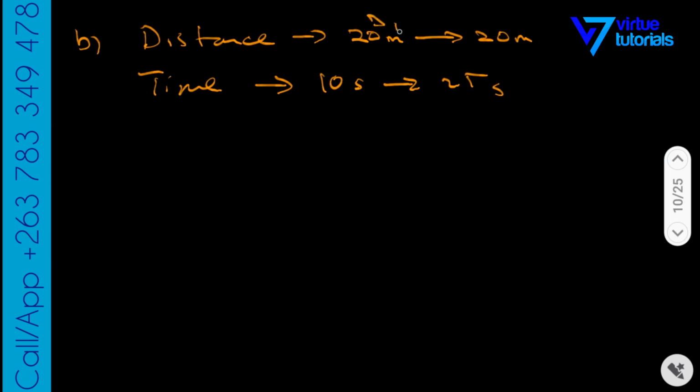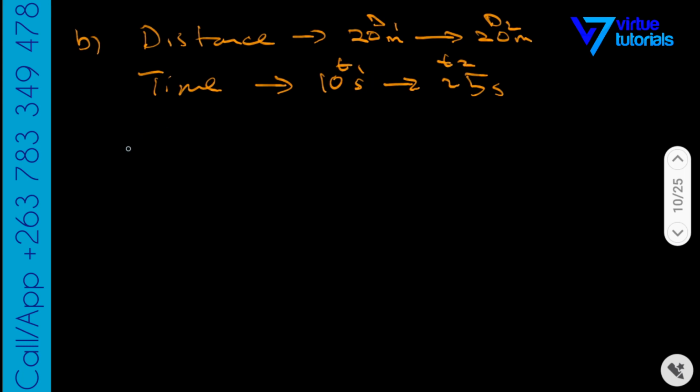So this is our D1, that's our D2, this is our T1, this is our T2. What we can already see here is that the object did not move. Time moved from 10 seconds to 25 seconds, but the distance is not changing. So the object was stationary, or at rest.